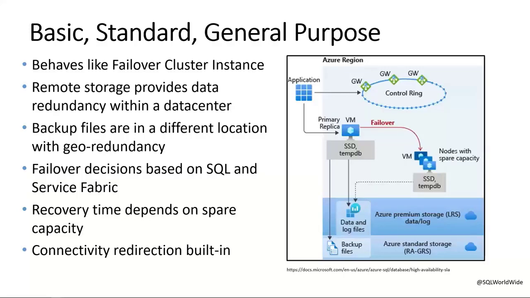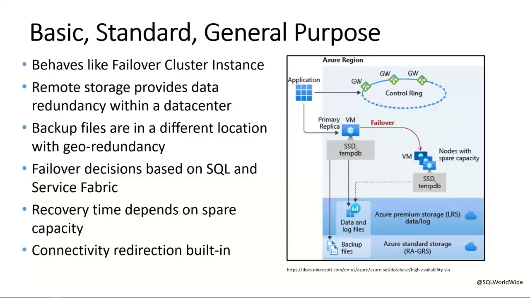So with the basic, standard and general purpose, as you can see in this picture, you get 3 copies of your compute, and your data and log files also continuously get copied, have multiple copies, and your backup files, as we talked about, you get region redundancy.